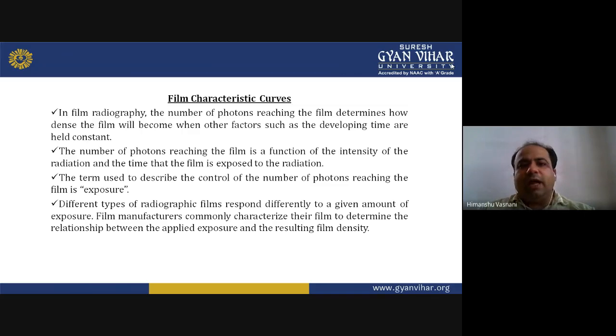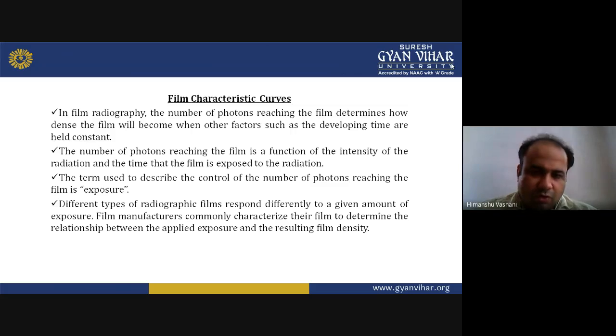These are important factors in this testing process. The term used to describe the control of the number of photons reaching the film is exposure. It is called exposure.